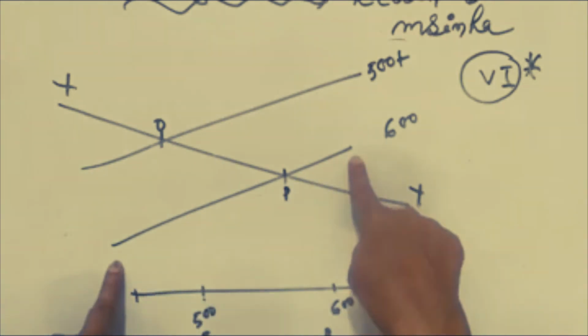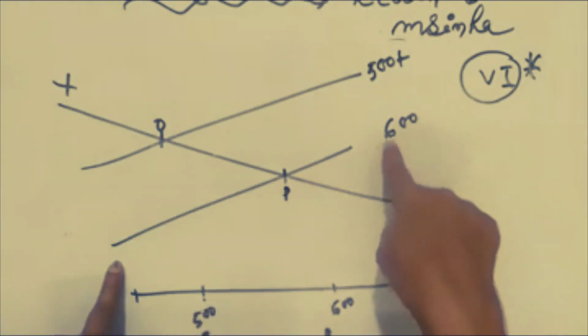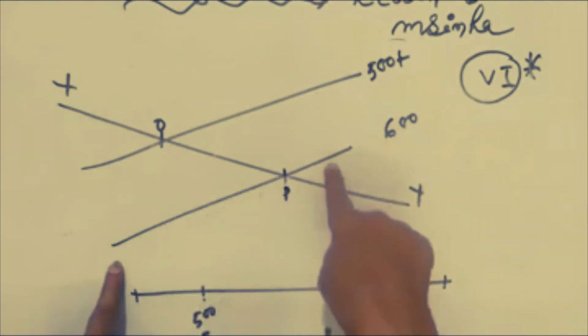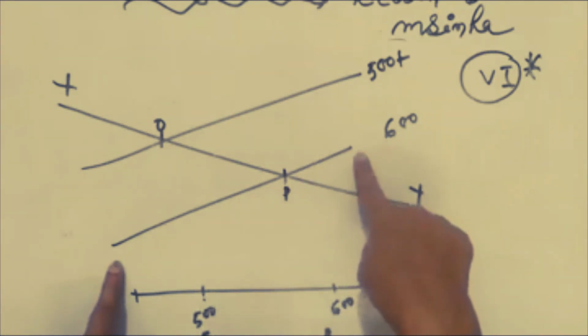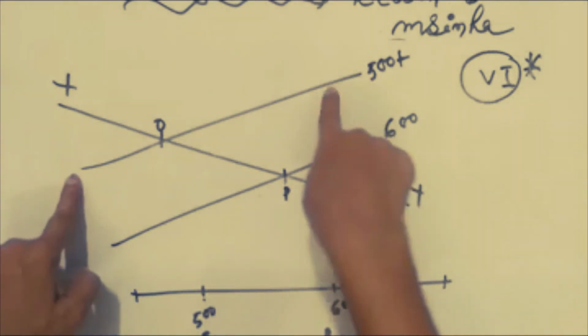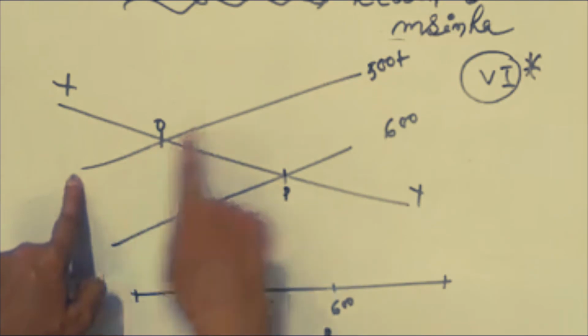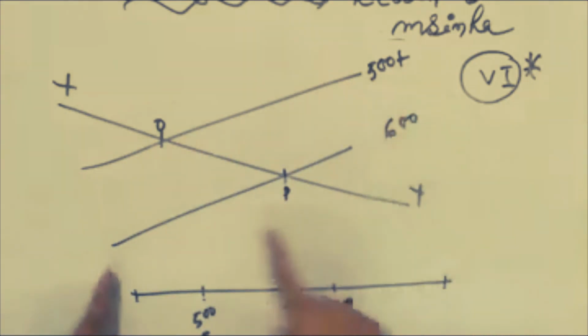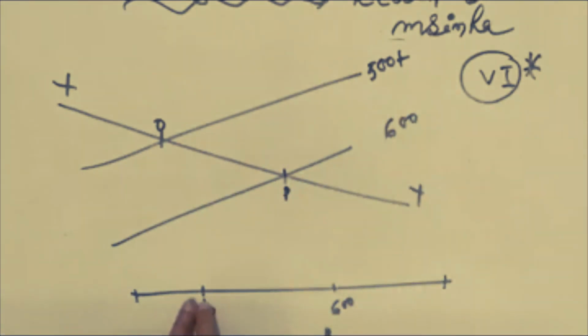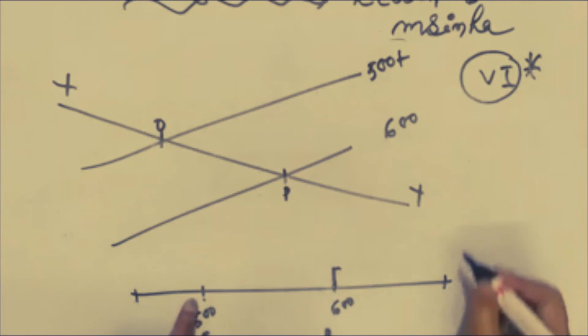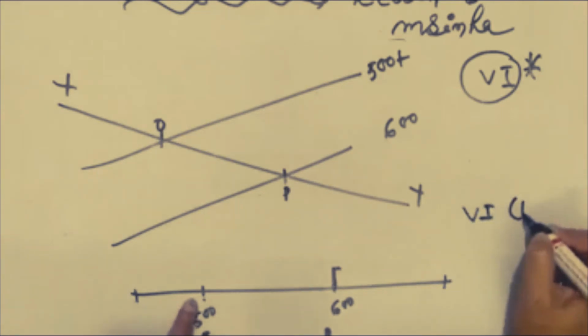At every point of that line the height is 600 feet, and at every point of that straight line the height will be 500 feet. So the vertical interval is 100.